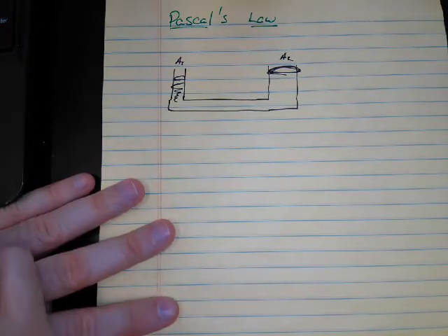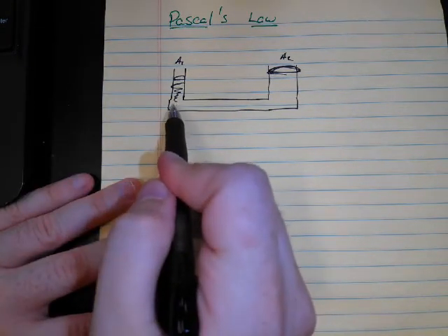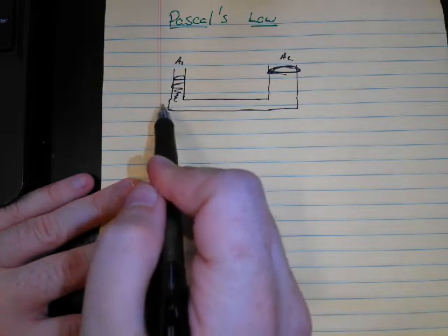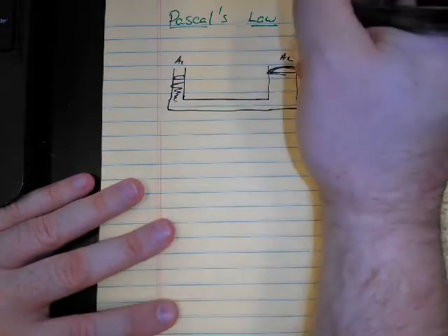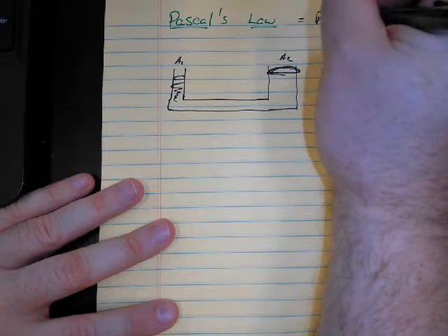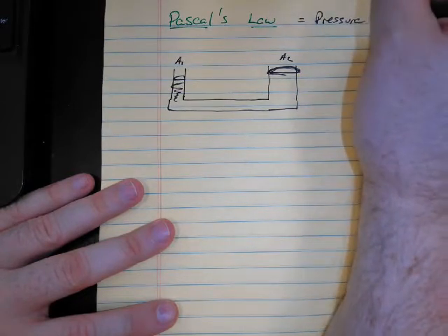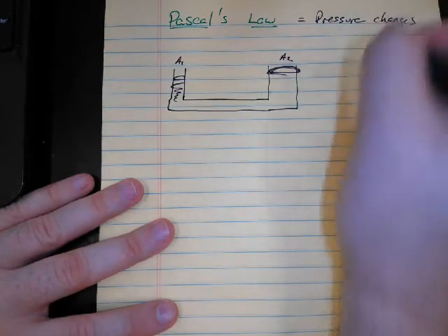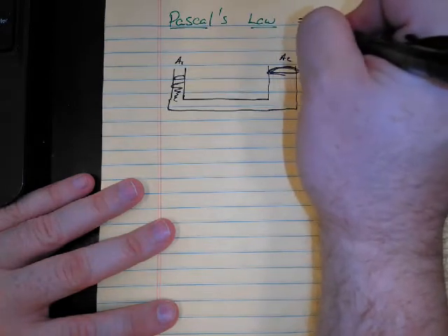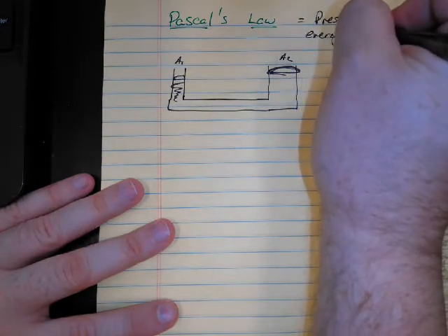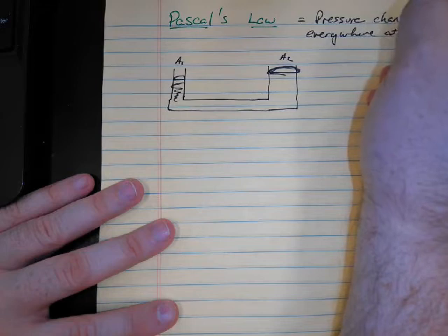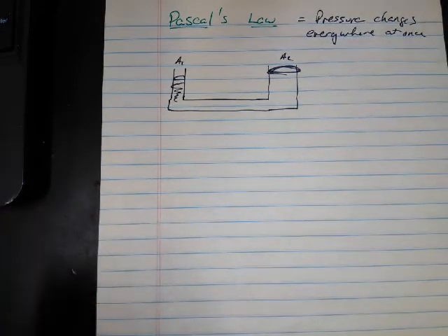Pascal's law says that if we change the pressure somewhere in the fluid, we change it everywhere in the fluid instantly. So pressure changes everywhere at once. Now, this is an approximation.